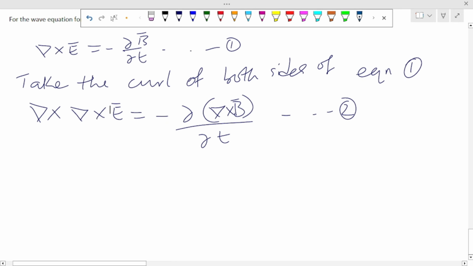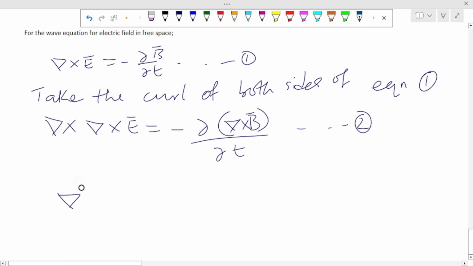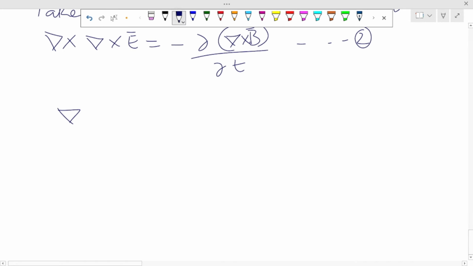Now, there is one vector identity. This is it. Let me put a short statement there.